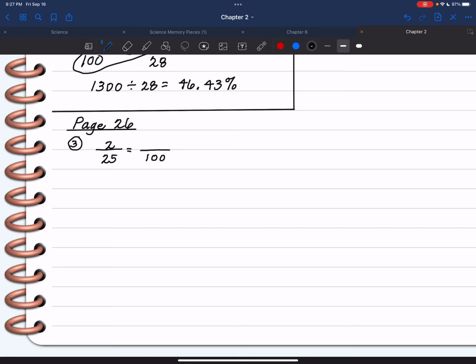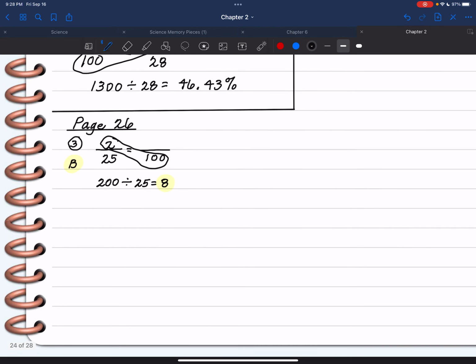So you can multiply 25 times 4 to get 100 and 2 times 4 to get 8, or you can just solve the proportion. So 200 divided by 25 is 8, and that is the missing number. So I like B on this one, and I highlighted the wrong thing.